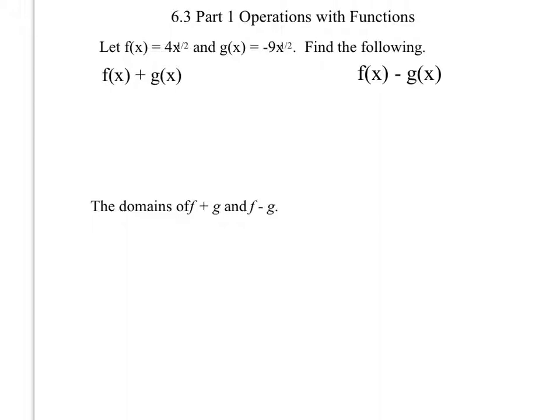So this first example, it's just asking us to take f of x and add g of x. Well, up here, here's f of x, here's g of x. So we're just going to substitute in, and we're going to figure those things out. So f of x is 4x to the 1/2. G of x is negative 9x to the 1/2.